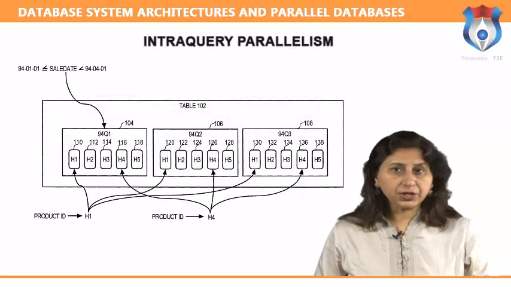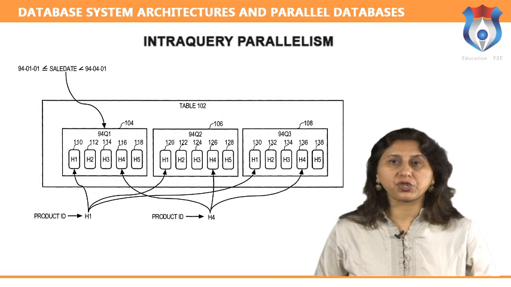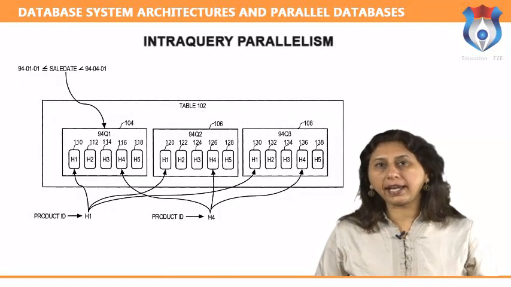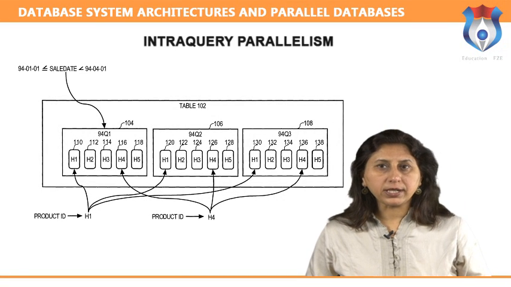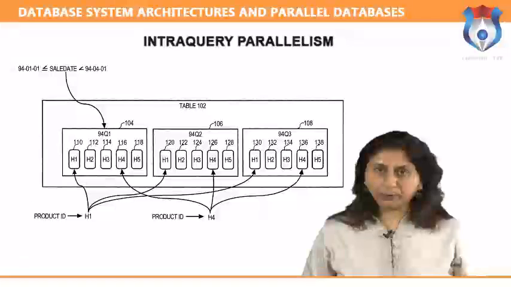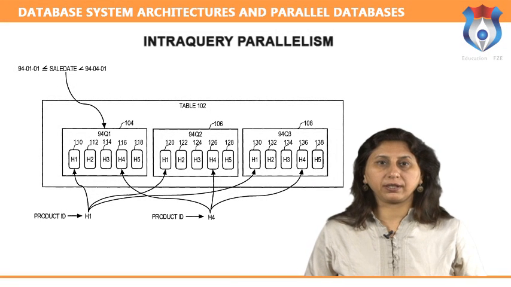R and S each are partitioned into n partitions, denoted R0, R1, ..., Rn-1 and S0, S1, ..., Sn-1. We can use either range partitioning or hash partitioning.